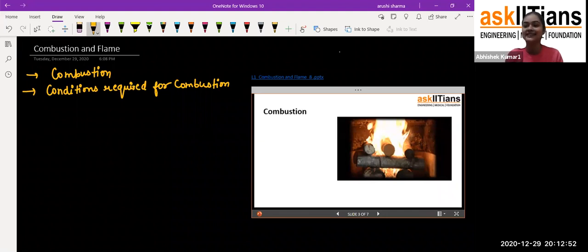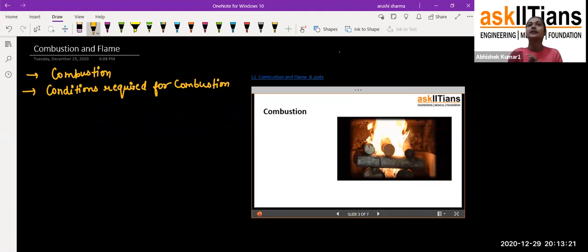In the winter season, in some houses people use electrical heaters. But have you ever seen some people using wood for burning so that they can get heat from it? Yes, this is an example of combustion. But how it is an example of combustion, we'll come to know.